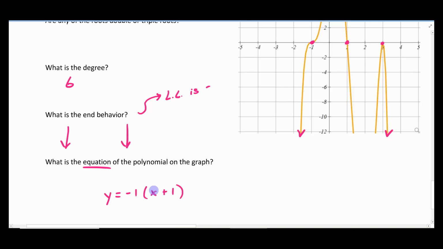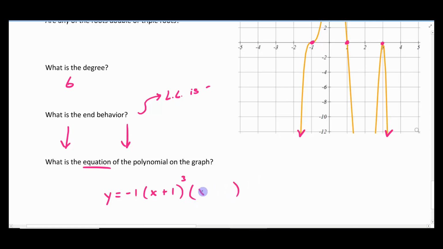If I took this negative 1 and I put it in for x, right, we get negative 1 plus 1, which is 0. That's what we want. So that's how I know it's an opposite there, right? We get a plus 1 for the negative 1. And since this was a triple root because of this inflection, I have to raise this linear factor to the third power.